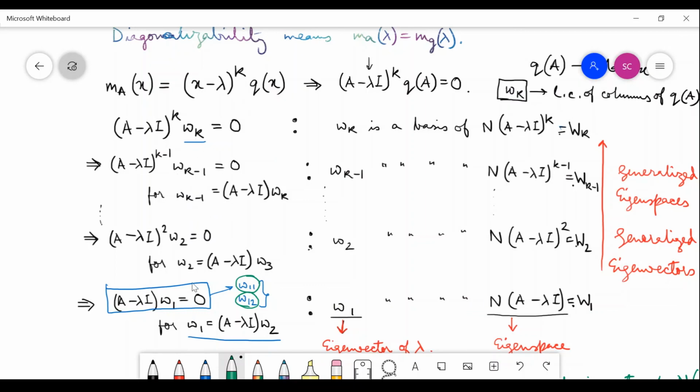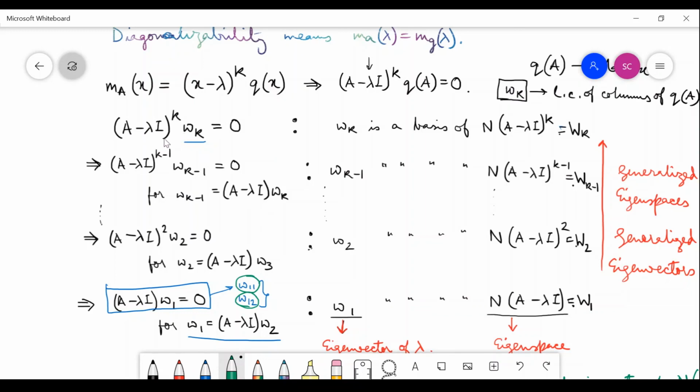Suppose you put any of these, omega k minus 1, or say w2, or maybe even w1, then you will have some relationship with omega k, like omega k minus 1 is (A minus lambda I) omega k. Omega k minus 2 will be basically (A minus lambda I) square omega k.